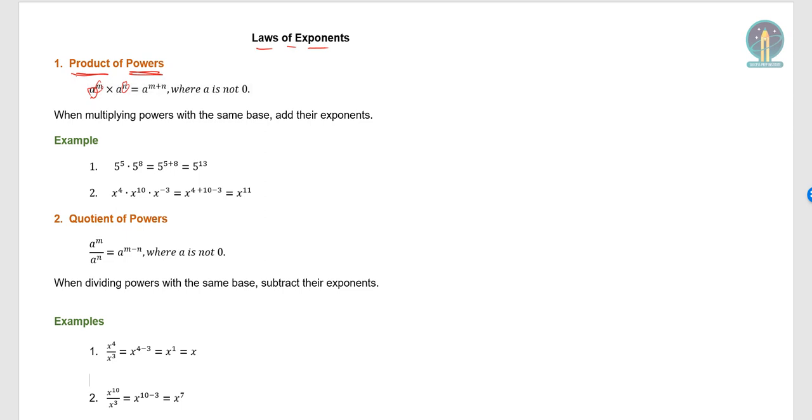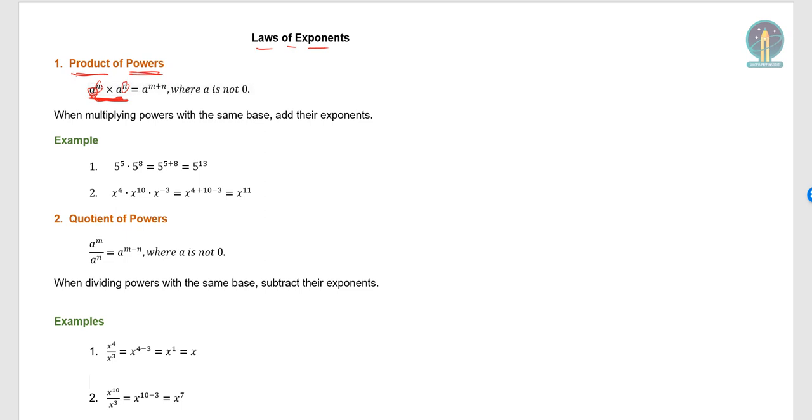The result of this operation, given that the bases are the same, the base here being a and a, so it's the same base, but even if the exponents are different, all you do is just add the exponents, right?